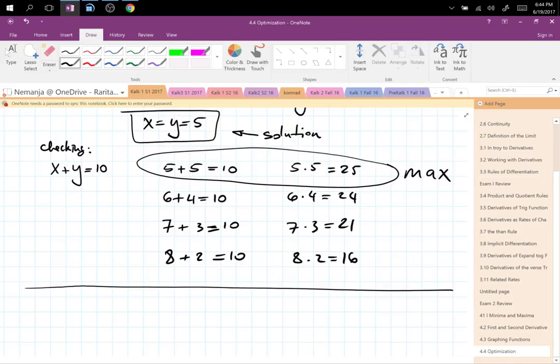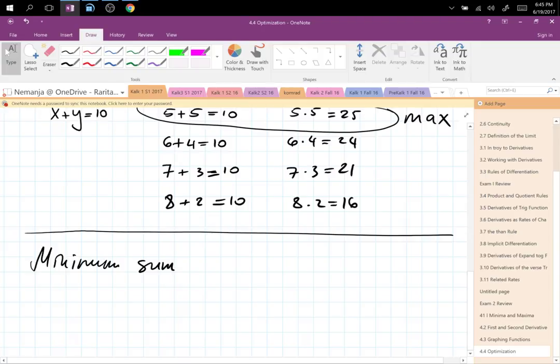So now let's see some other examples. It says find the minimum sum.